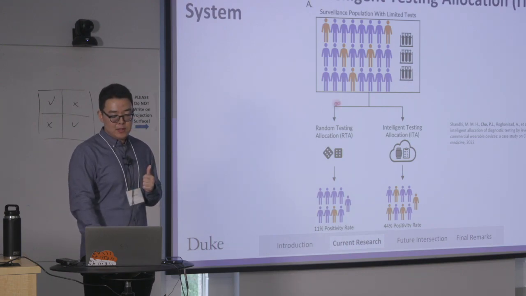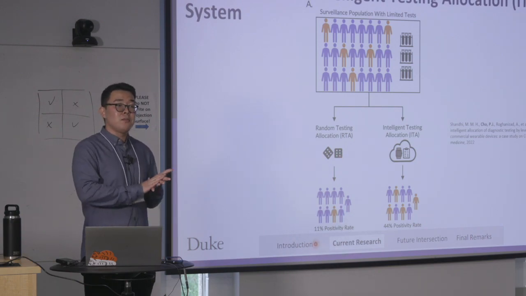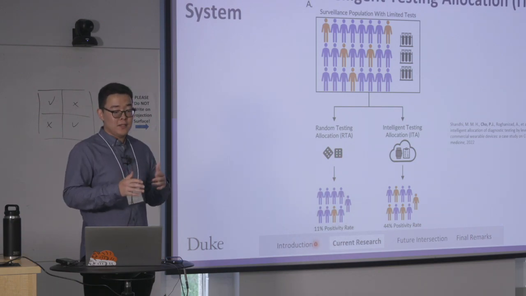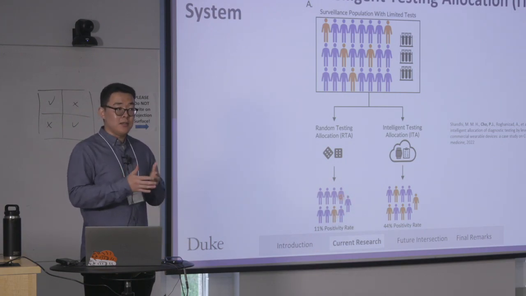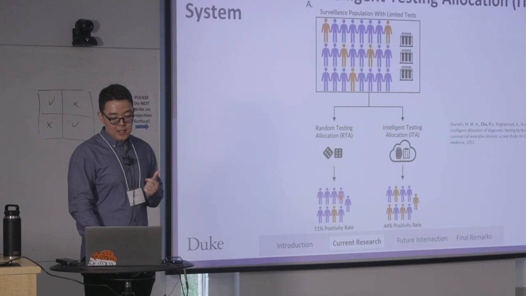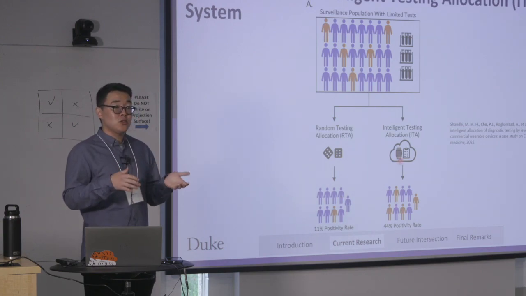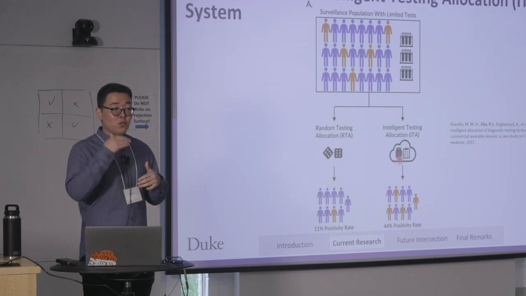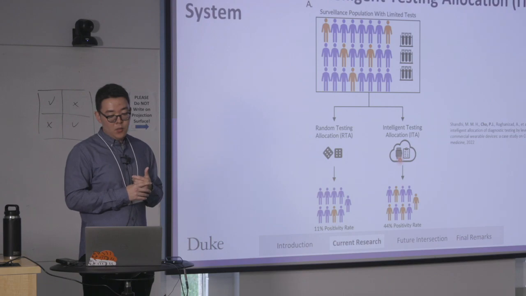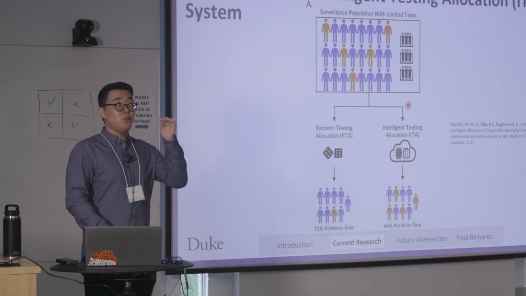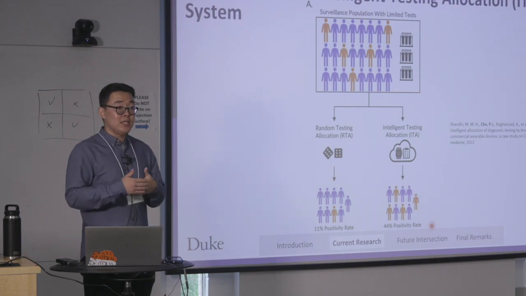And so just based on a random testing allocation, you would only get an 11% positivity rate. And so this would just be one individual that tests positive within 9 individuals. But using our wearable device data and the physiological signals that we're collecting, if we ranked individuals based on how their signals are coming in, we would be able to identify which individuals should get tested, and you would have a positivity rate that is much higher.